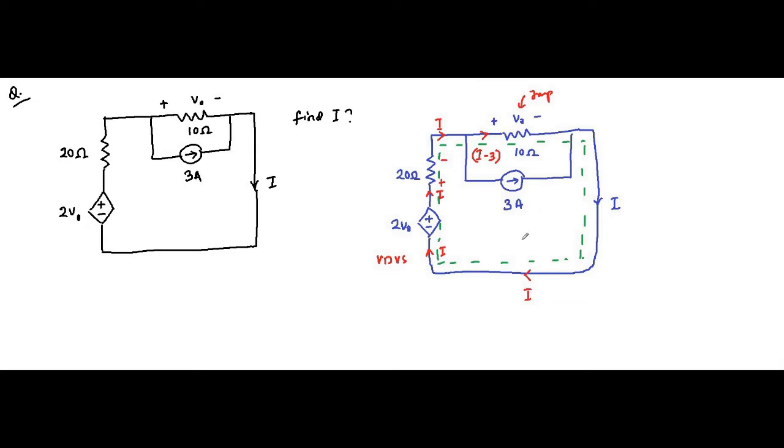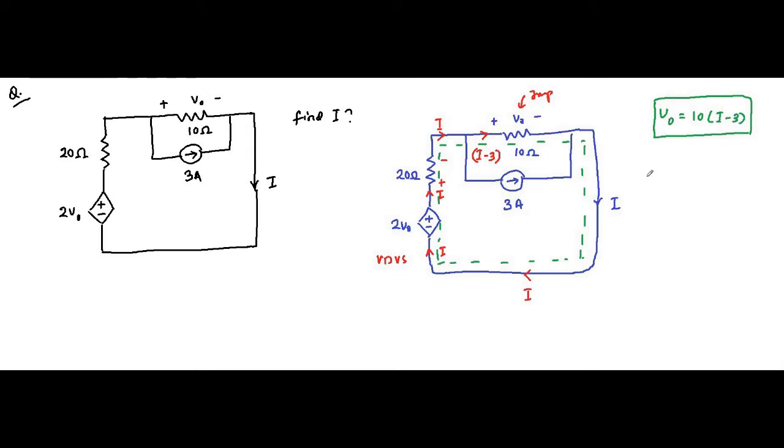So we'll apply KVL in this super mesh, and an important relationship here is the voltage drop V0 is equal to 10 into I minus 3. That is very important here, the important equation.